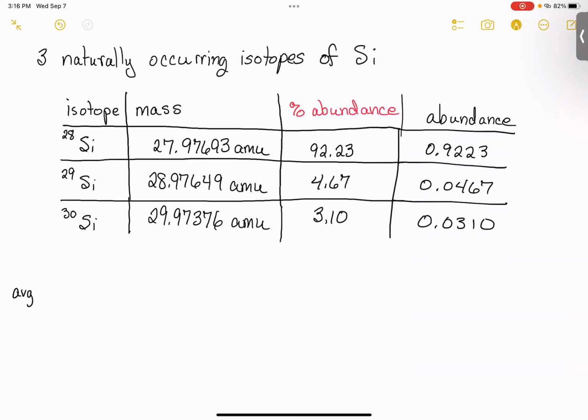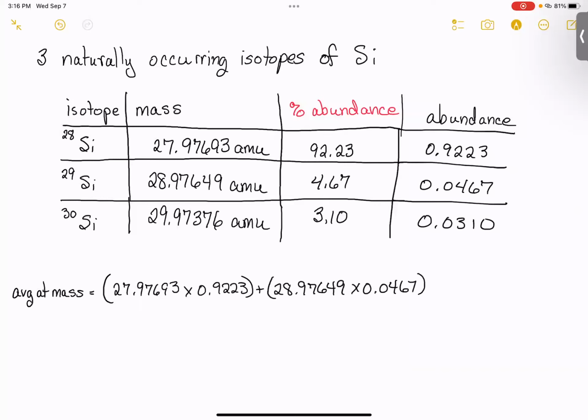The average atomic mass is going to be equal to 27.97693 for silicon-28 times 0.9223, plus 28.97649 times 0.0467 for silicon-29, plus 29.97376 times 0.0310 for silicon-30.